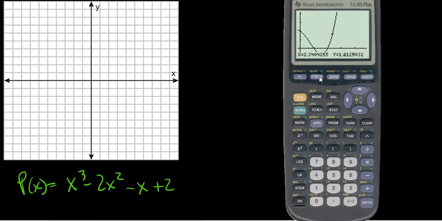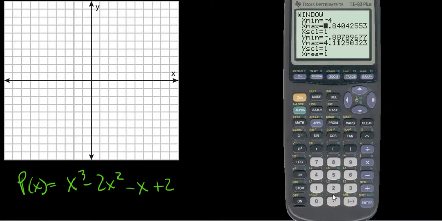That doesn't show me quite what I want, so I'm going to set the window from negative 4 to 4, and then graph it. There, I like that a little better.